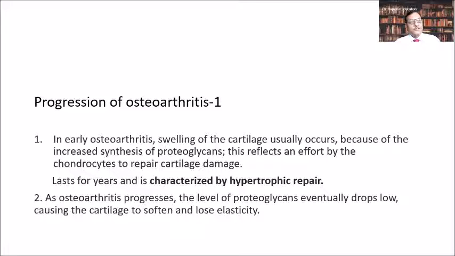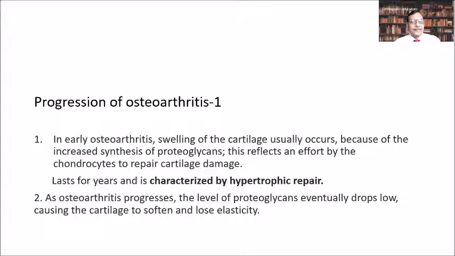How osteoarthritis progresses and what changes occur is interesting to watch. In the initial phase of osteoarthritis, there is usually swelling of the cartilage, and it occurs because there is increased synthesis of proteoglycans.